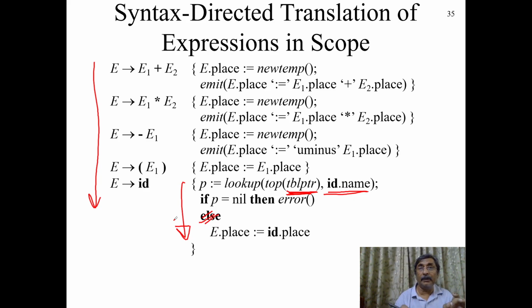And every non-terminal in the parse tree is a separate instance of a class or a structure in which you are adding some attributes. If you ever use Yet Another Compiler Compiler, Yacc, or Bison for that matter, which is a popular implementation of Yacc on Linux, there you will find that you have a provision to add attributes to the non-terminals and attach semantic actions to the production rules.